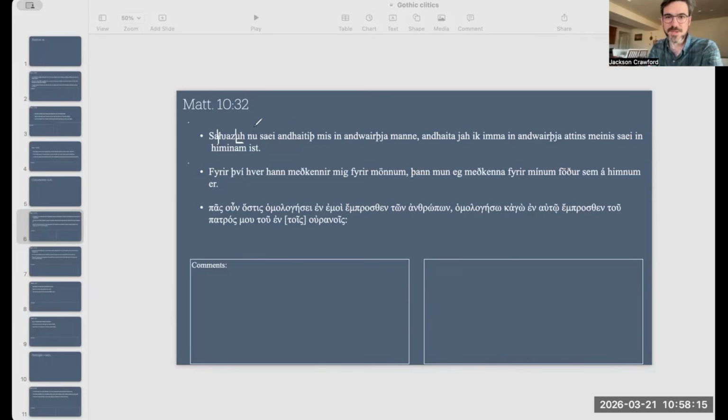But it is a double challenge here because you have to get used to looking for the word "and" not necessarily being the first word in the sentence and being a separate word. You're going to look for it as something attached to another word, right? And it's making a compound that looks weird, like what am I supposed to do with "sahwazuh"? That doesn't look like anything in a cognate language, but it's made of at least the first two pieces that are quite familiar, just with that extra clitic.